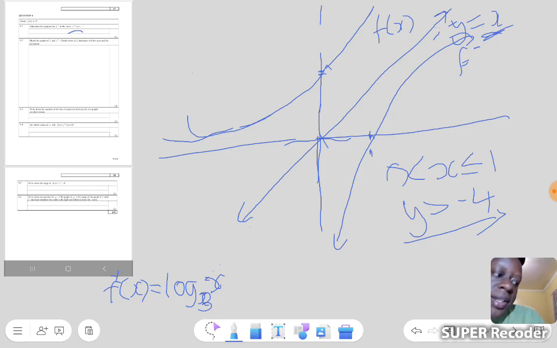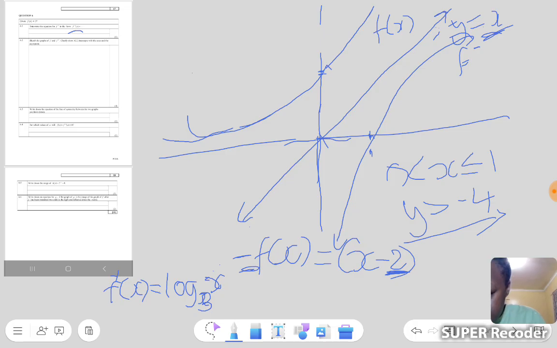When it is reflected in the y-axis, our f of x is like this, and here it's shifted, here it's reflected.